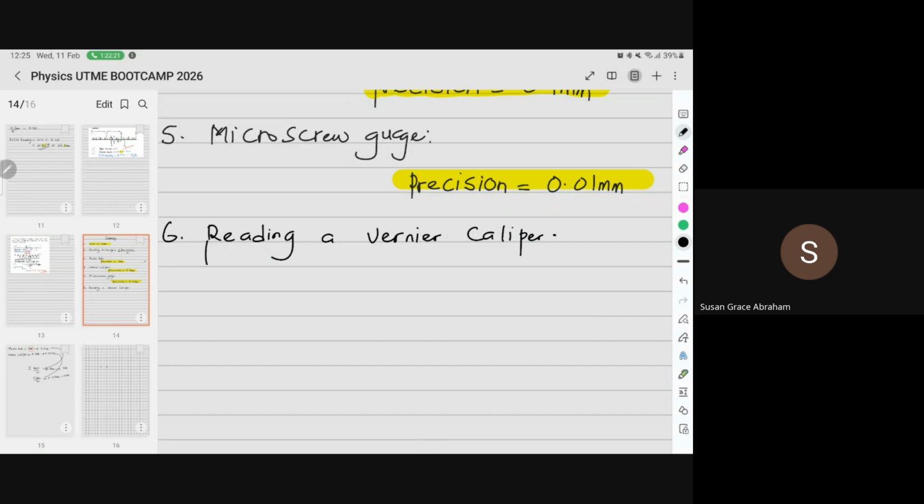So if you are reading a vernier caliper, what are the things I want you to do? My first step is to read the main scale, right? So read the main scale.